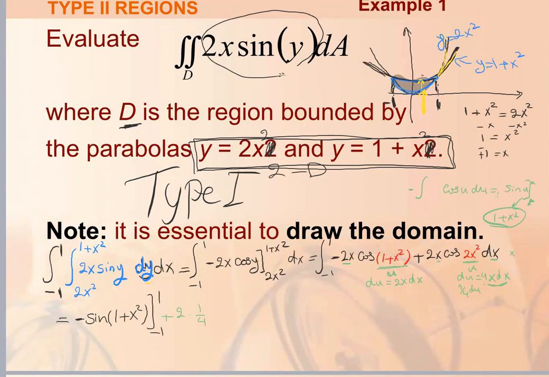And then I write the second part, which is integration of the cosine, which is sine. That is going to be sine of 2x squared, and then you go from negative 1 to 1. Okay, this is the integration. This is just the u substitution. You can just plug in and find the answer.